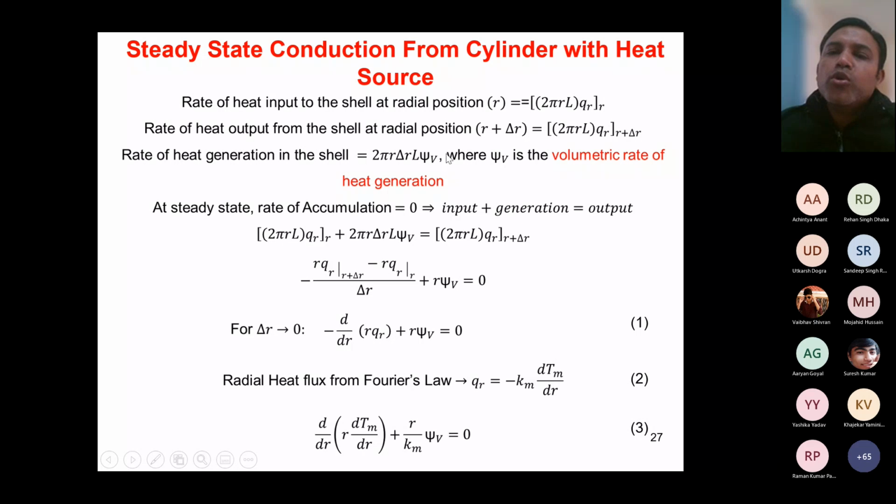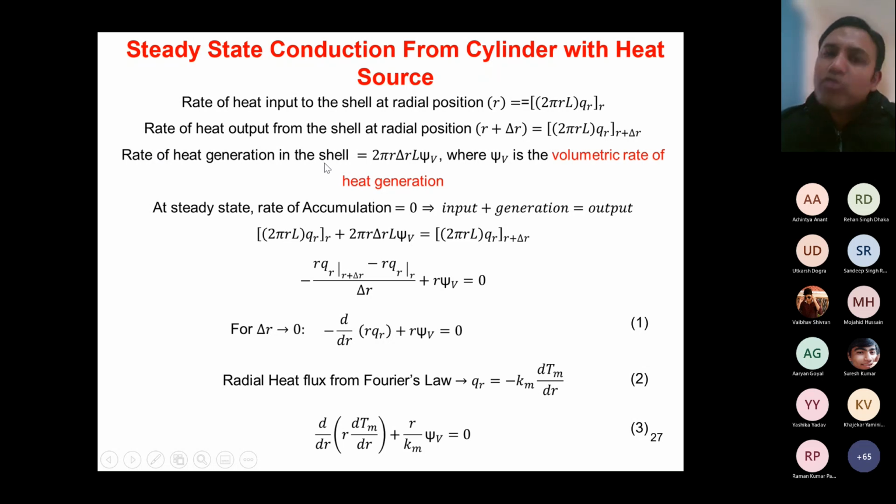Generation term is going to be volume into psi V. So now the volume of the shell is going to be what? 2 pi RL, that is the circumferential area, multiplied by delta R, will give you the volume of the shell. So 2 pi R delta R L multiplied by psi V will give you the rate of heat generation in the shell.